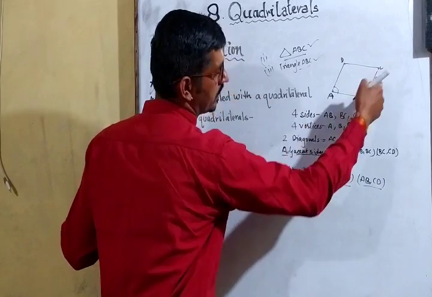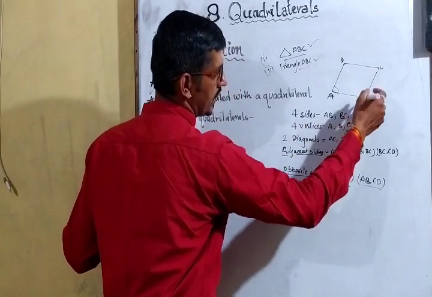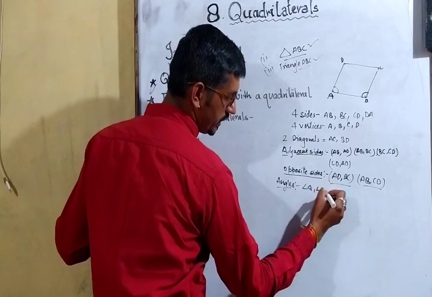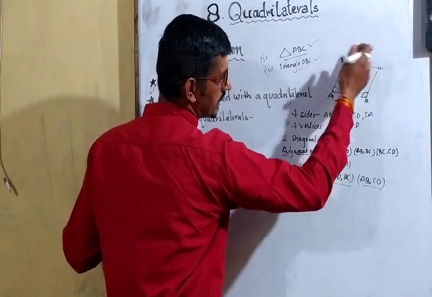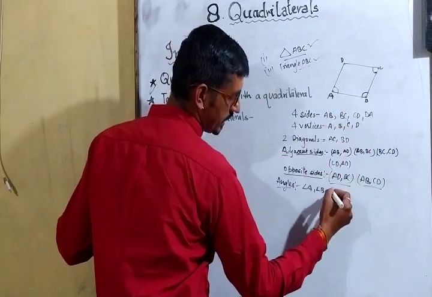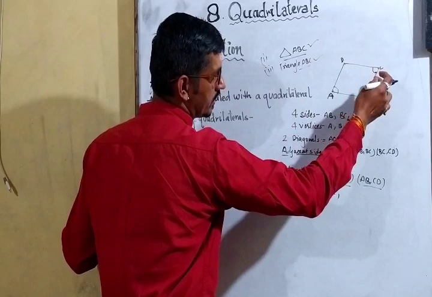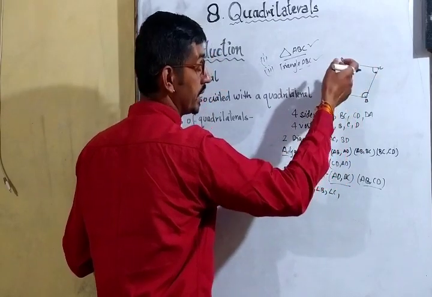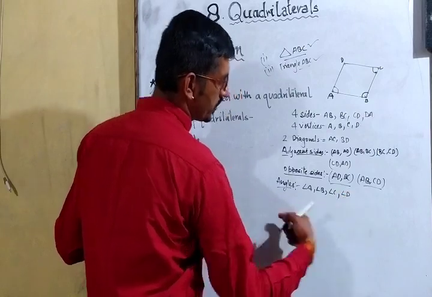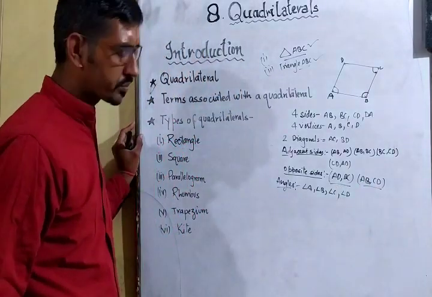Angle A. Here this line and this line are meeting at this point. So, angle B. Now, BC and CD common vertex C. So, this is angle C, and this line and this line are meeting at a common vertex, that is D. So, angle D. So, four angles are there.